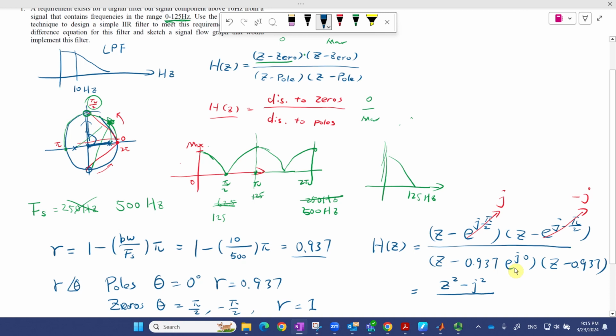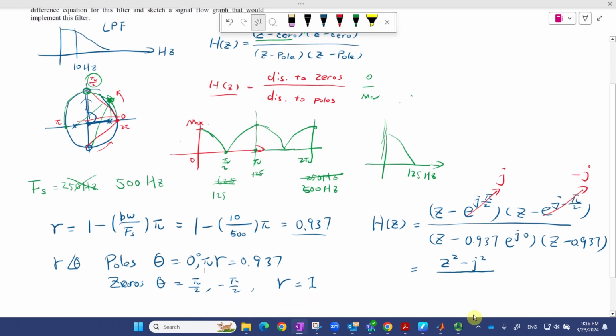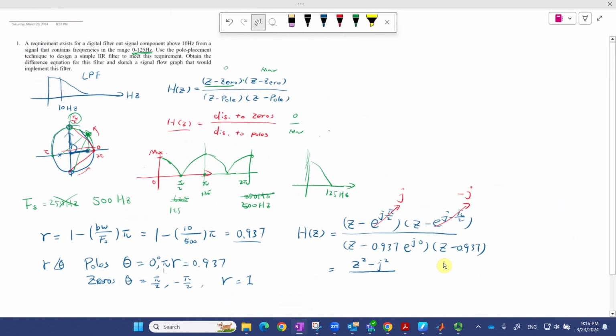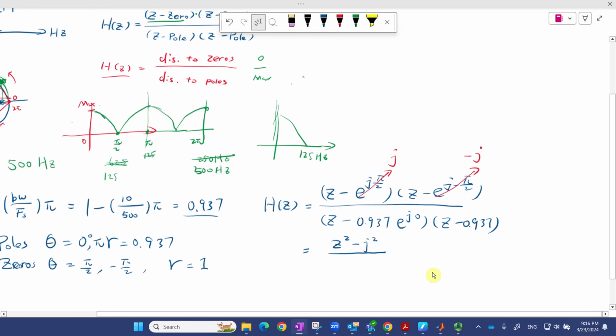The angles for the poles are 0 and pi, right? I shouldn't skip steps. So this one is minus e to the j pi.